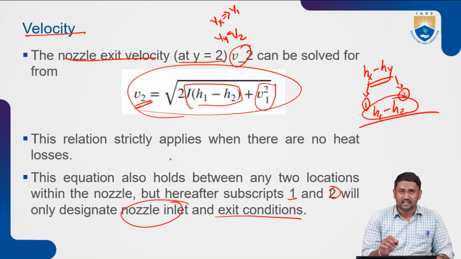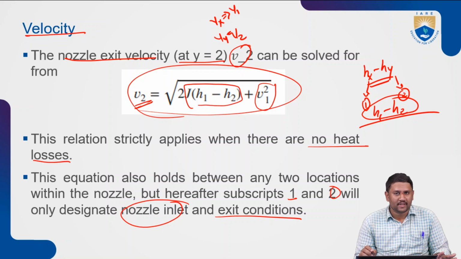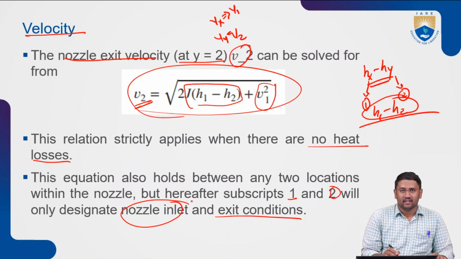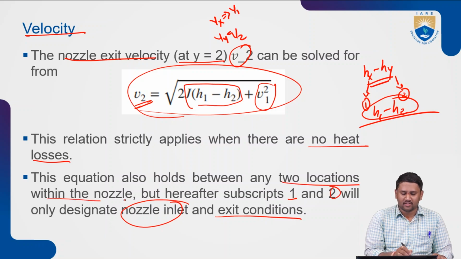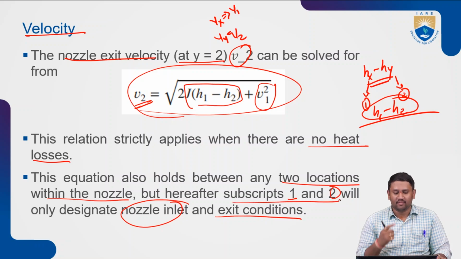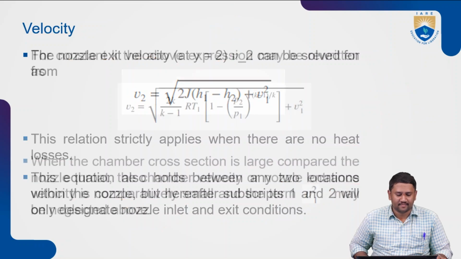Now, this relation strictly applies where there are no heat losses. We are considering that there is no temperature change or negligible temperature change. This equation, which we discussed earlier, is between two locations within the nozzle, where subscripts 1 and 2 designate nozzle inlet and nozzle exit conditions.